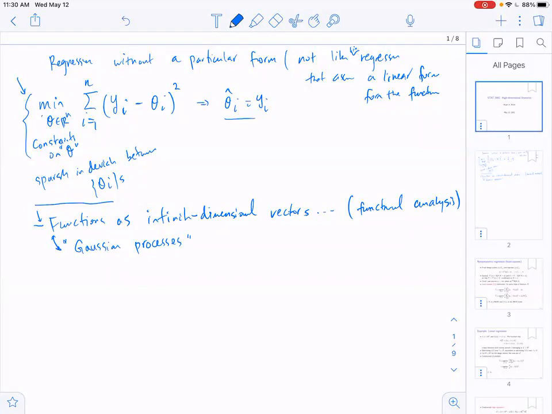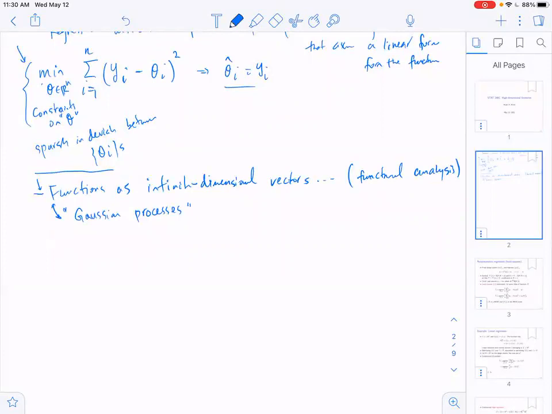So we will see aspects of this. Viewing functions as infinite dimensional vectors, what I want to mention is that there's a different problem called functional regression, or general functional data analysis, in which you assume that you observe entire functions.